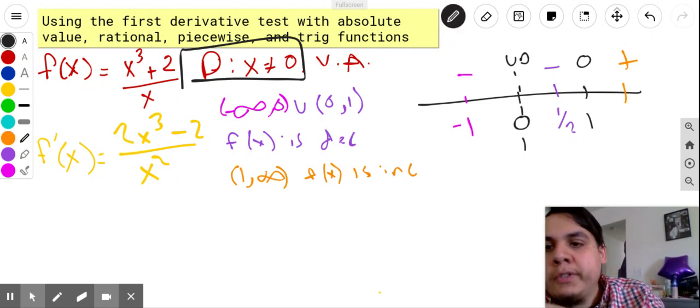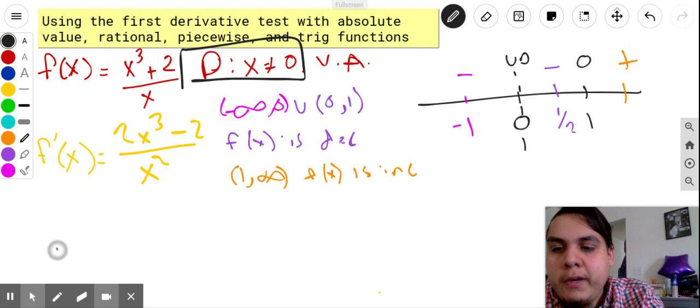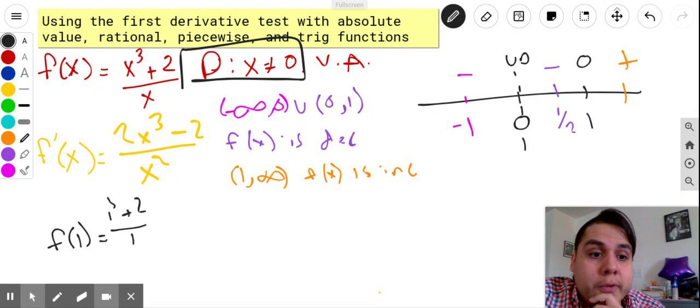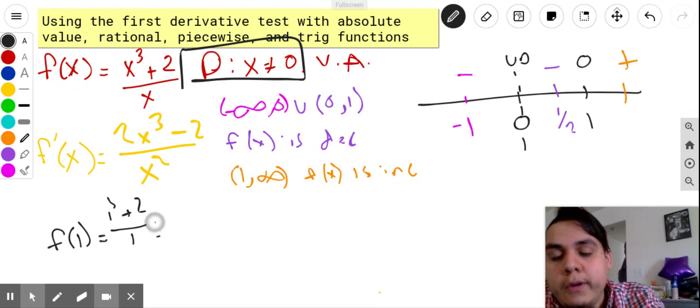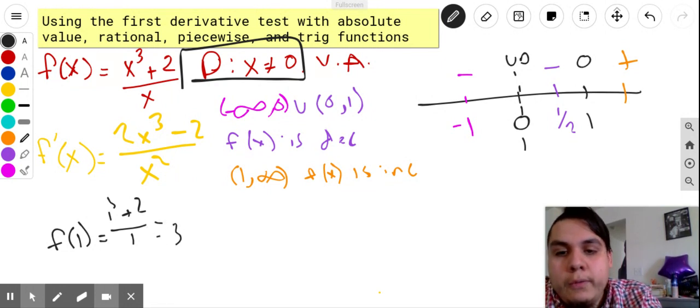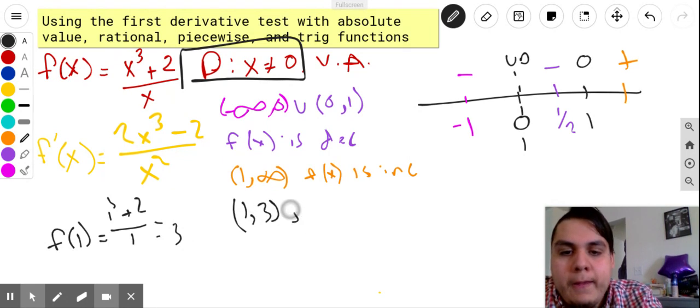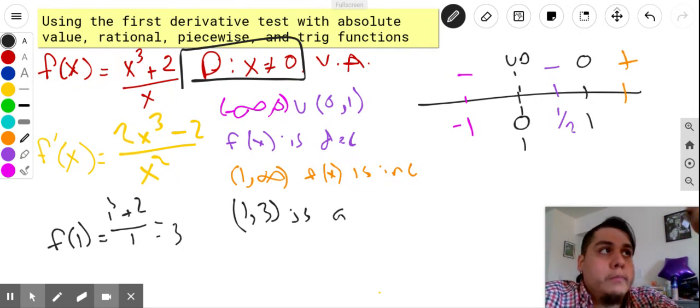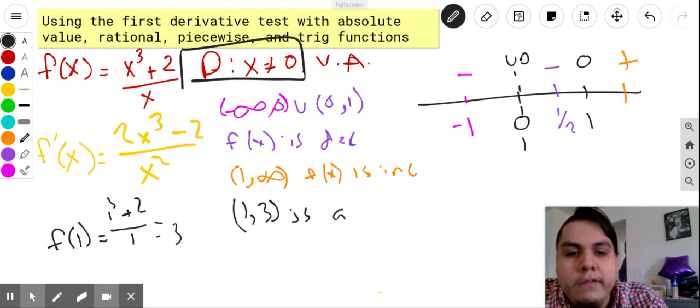Right? And as a result of my extensive testing, I'm going to figure out what f of 1 actually is. So f of 1 would be 1 cubed plus 2 over 1. So 1 plus 2 is 3. 3 divided by 1 is 3. So 1 comma 3 is a relative minimum, since I'm going from decreasing to increasing.